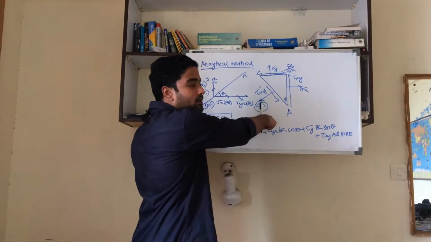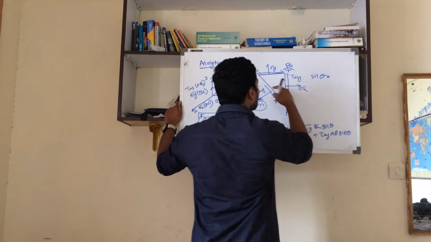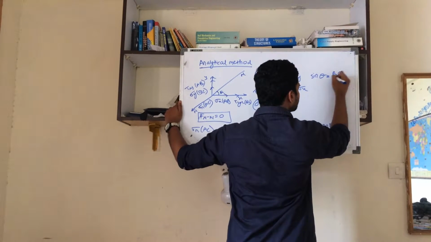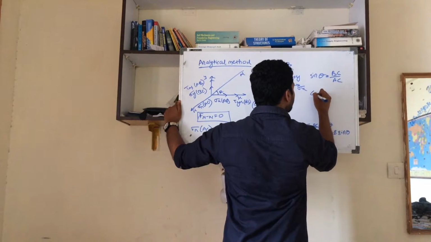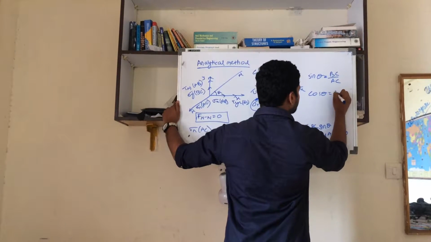From the triangle, sin theta is equal to BC by AC, and cos theta is equal to AB by AC.